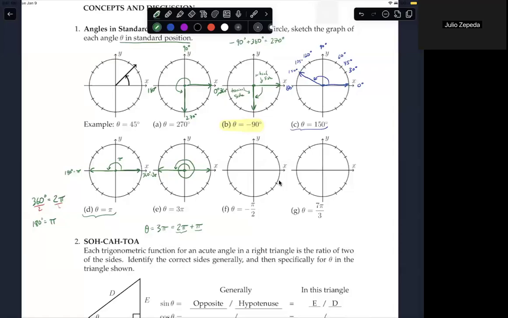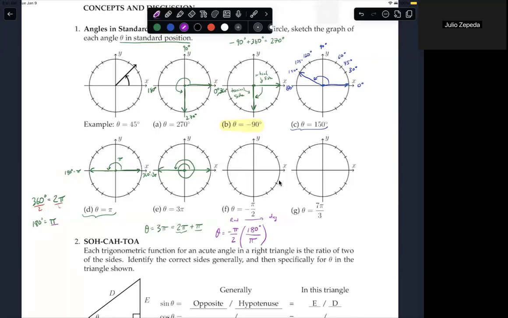Okay, so in part F, as I mentioned, theta here is equal to -pi/2. This is in radians. If you want to take radians to degrees, all we need to do is multiply by 180 degrees divided by pi radians. And this is actually just this equivalence relation here.